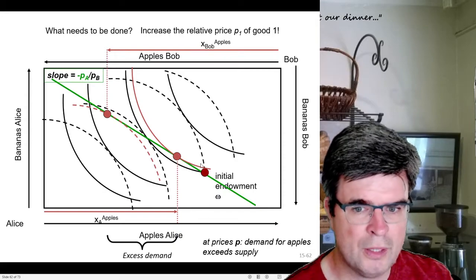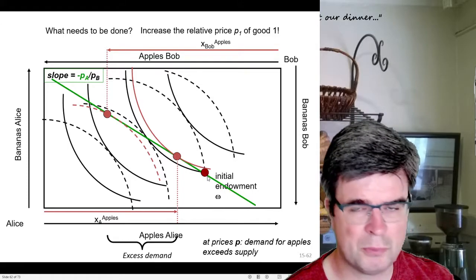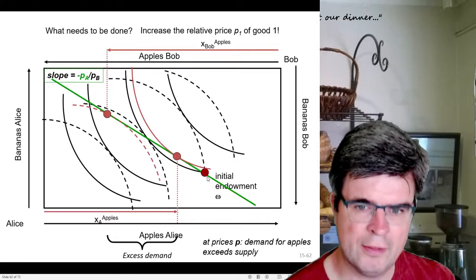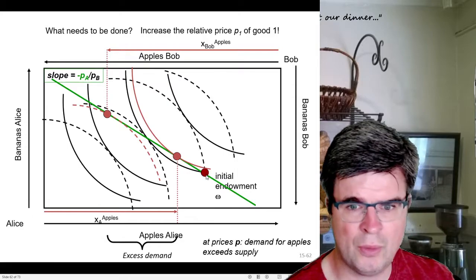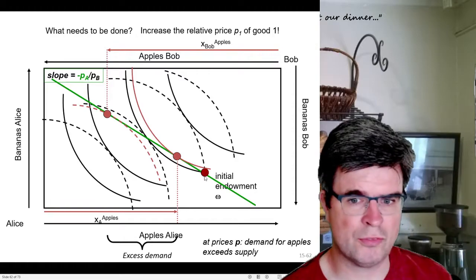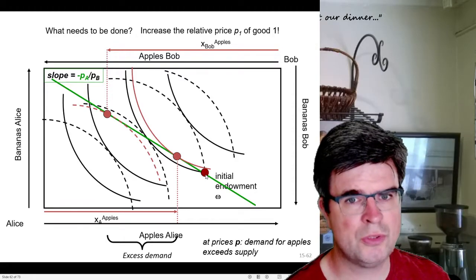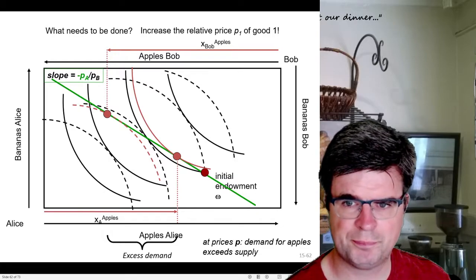It still runs through the initial endowment because it's always possible for Alice and Bob not to trade and to stay at the initial allocation. So we increase the slope by increasing the price of apples, but it continues to run through the initial endowment.